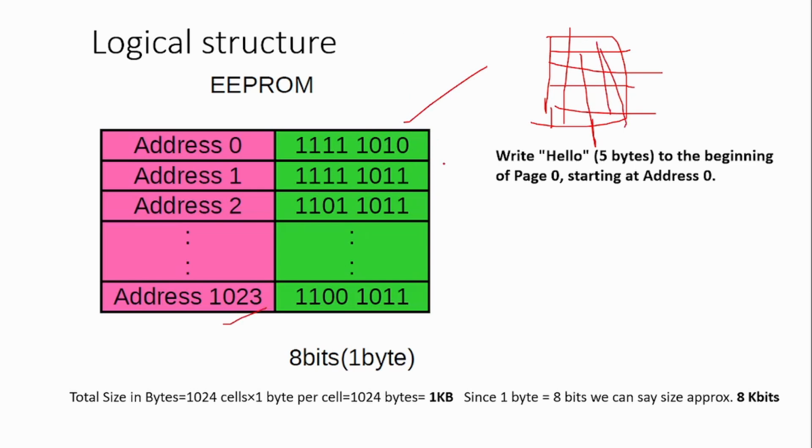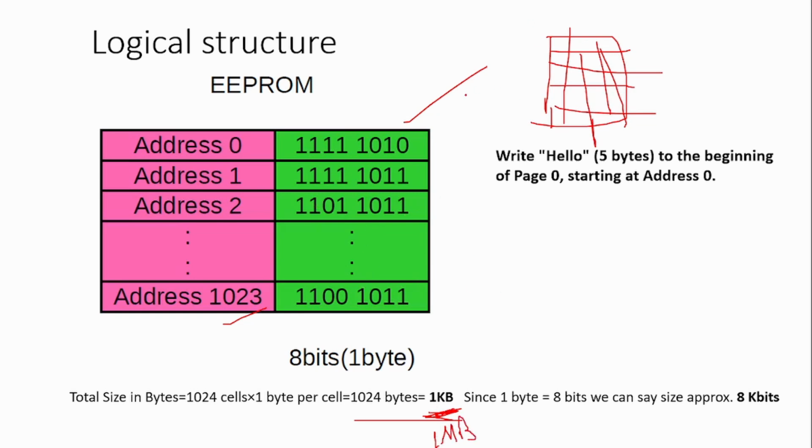So on each row you can write 8 bits, and there are 1024 such rows, so you can write 1024 times 8 bits. If you convert these bits into bytes, then you can write 1024 bytes, which is 1 kilobyte. So if you have a single page with this setup, then your EEPROM size is 1 kilobyte. If you have 1024 such pages, then your memory size is 1 megabyte, right?